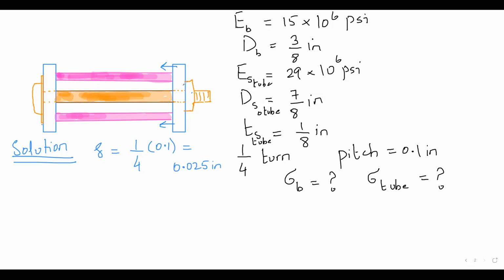Whatever the case might be, this and this will not deflect the same quantity. It's very easy to get confused. In the previous example you were just putting the load like this, so the deflection was the same. This time when you are rotating it, this wants to go like this when you're tightening, but at the same time this fellow wants to go here. So this and this will have different deflections.